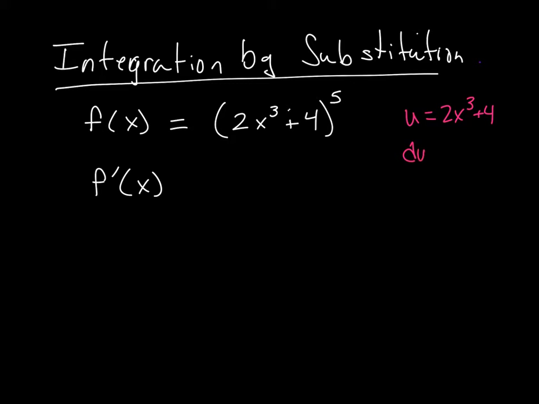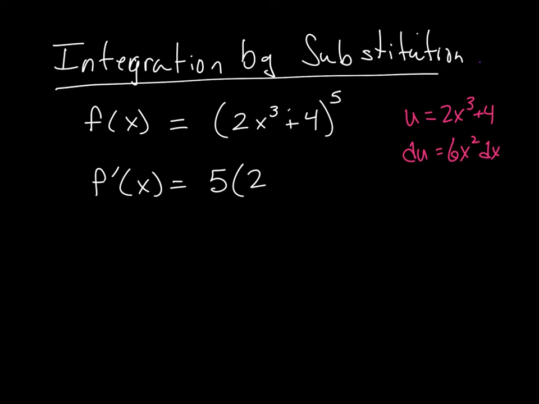What's the derivative of u? That would be 6x squared dx, right? Because that was all over the derivative for x. So then this would just equal what? 5 comes out front.